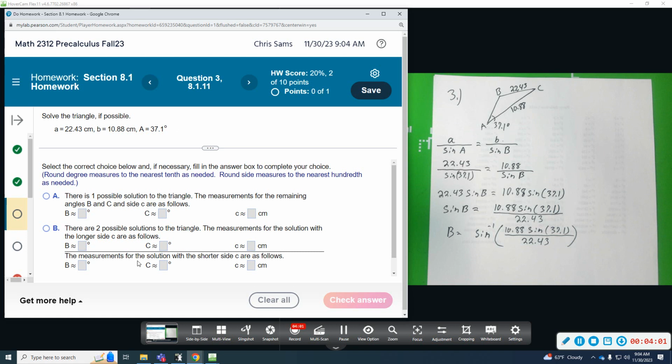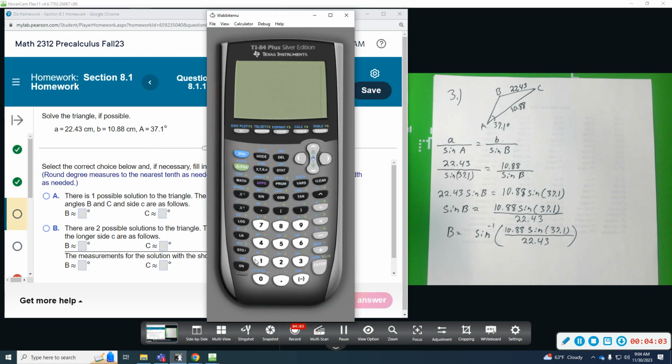We're going to find angle B. Second inverse sine. Make a fraction inside of there: 10.88 sine 37.1, and then on the bottom 22.43, and then close.